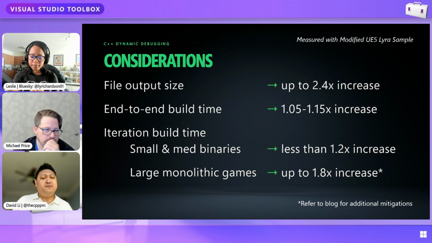We are literally building your binaries twice, so that's why you might see some output size increases, but this will fundamentally change your workflow, so you don't have to keep rebuilding. And what this means is your overall iteration time will start coming down fast.